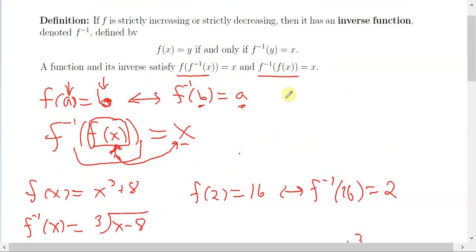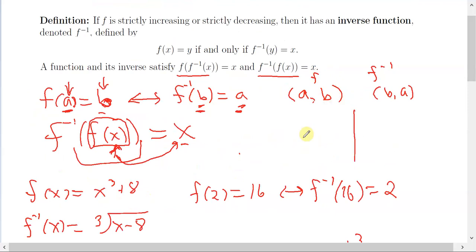Another one that we probably won't use much here is the fact that when I say that f of a equals b, that tells me the graph of f contains the point x equals a, y equals b. But then the graph of f inverse, when I say that f inverse of b equals a, that tells me that the graph of f inverse contains the point (b, a). So they're reversed.